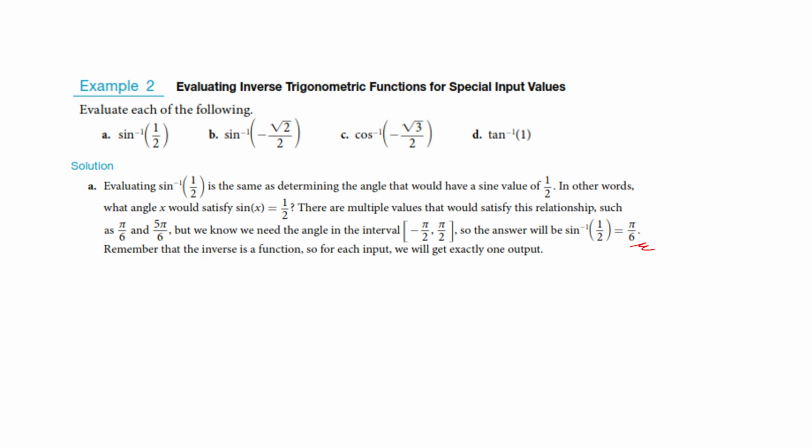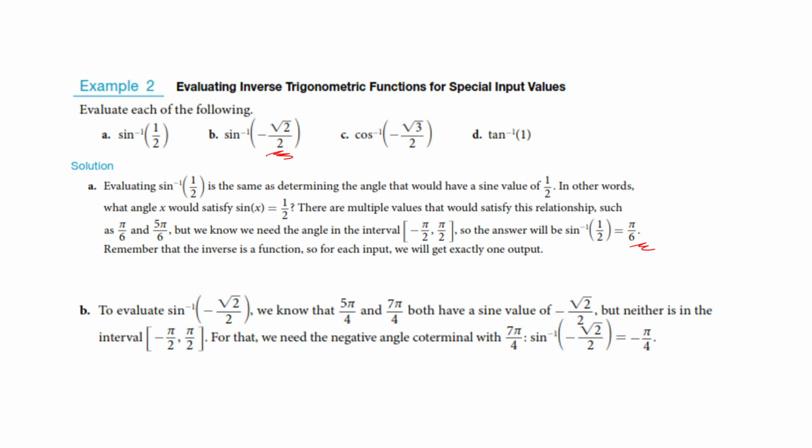Now, it's going to get a little trickier here in a second. Let's look at the second one. When does sine have a ratio of negative radical 2 over 2? What angle has a sine that creates this? Well, here's the problem. There are two of them. If you get out your unit circle, you're going to find 5 pi over 4 and 7 pi over 4.